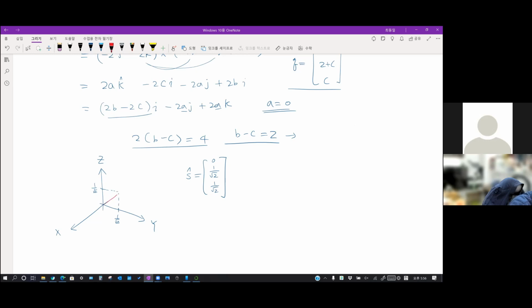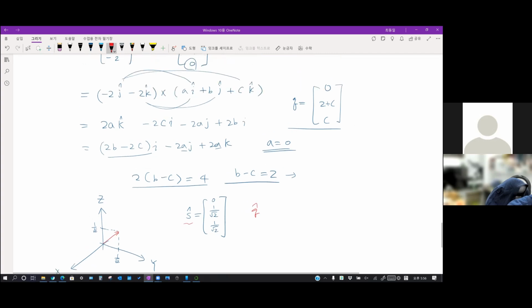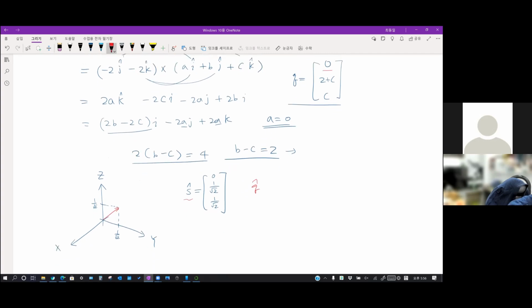Because this one is a unit vector, this one is the screw axis direction, basically. But the screw axis is displaced by the Q vector. The Q vector is 0, 2 plus C, and C.